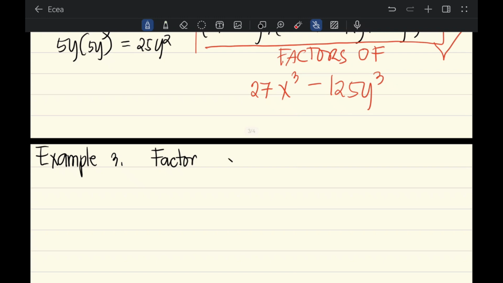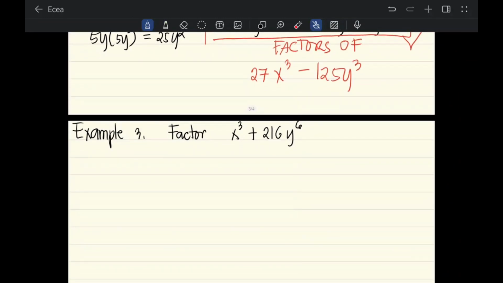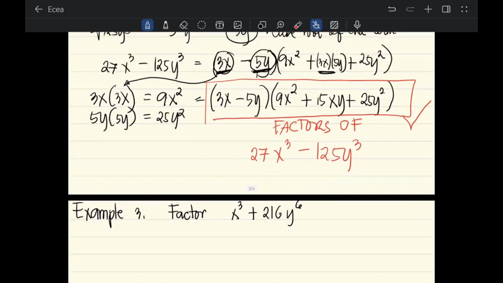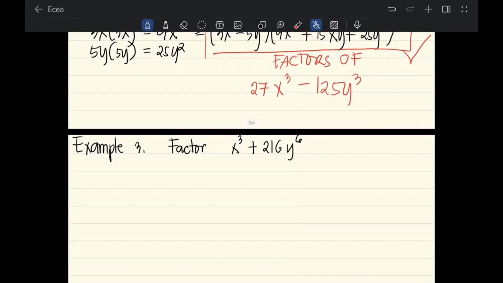Need to factor x cubed plus 216y raised to 6. Okay. Step 1, get the cube roots.